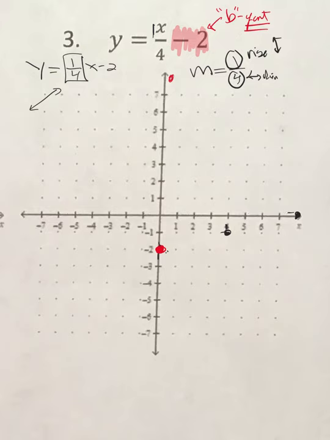So let's try that again. And remember, it has to be a positive slope. From the y-intercept, we're going to go up 1 unit, and then right 1, 2, 3, 4, put a point. And then from the y-intercept, we're going to go down 1, and then left 1, 2, 3, 4.